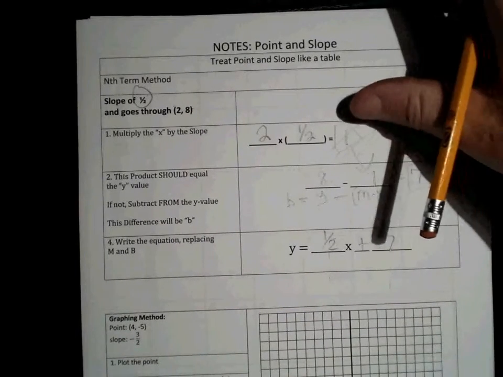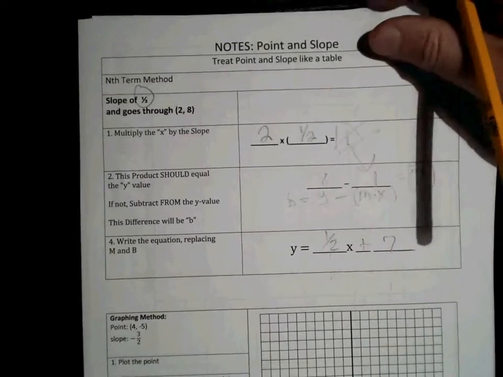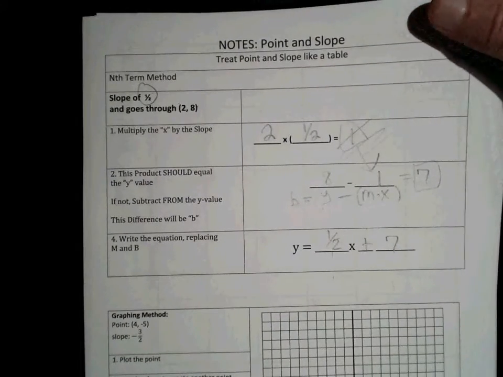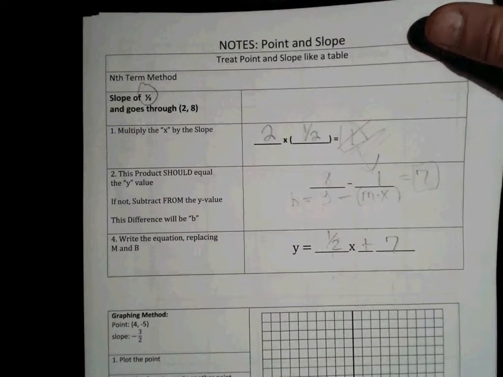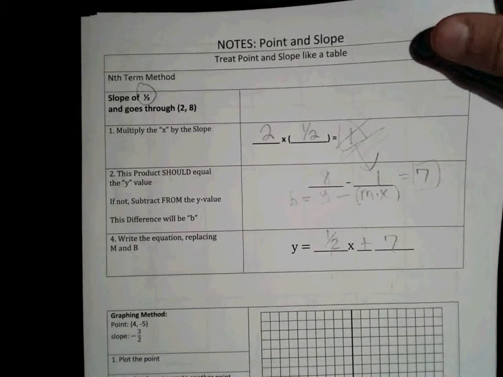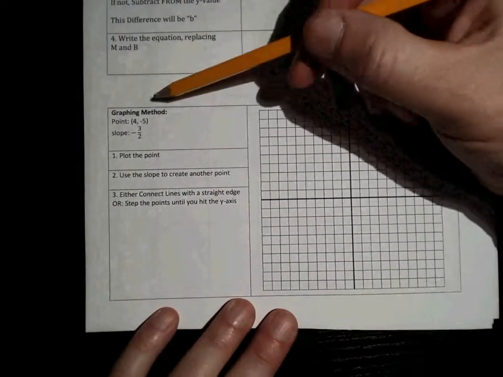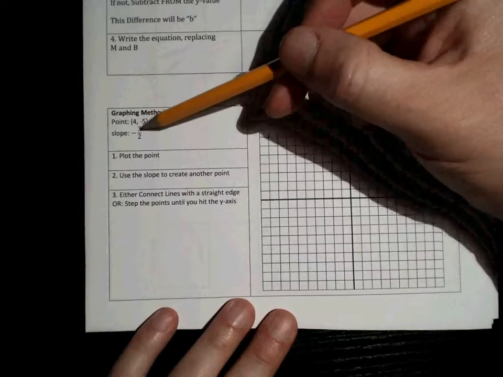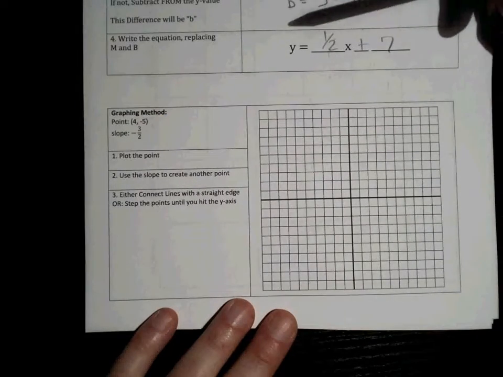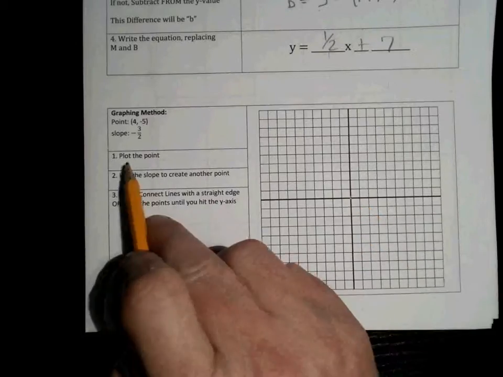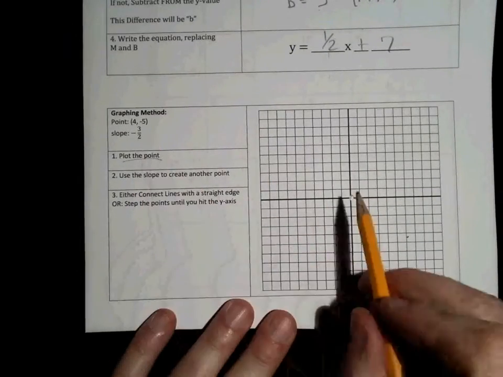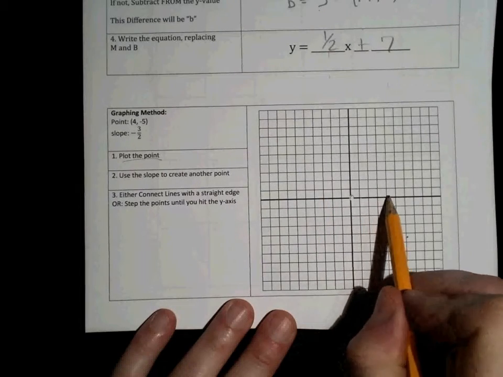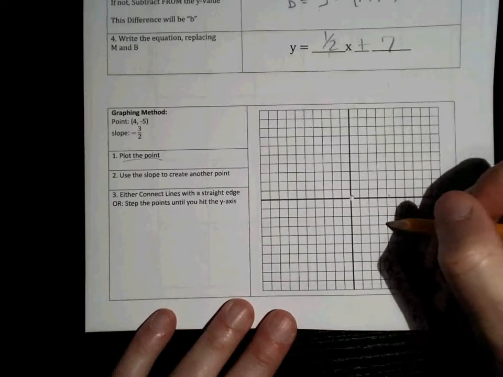The next method is for graphing. It's a little more difficult sometimes, but for those of you that just do better visually, this would be a good method for you. So I'm going to take the point and the slope, and this time I'm going to graph it. So I'm going to plot the point. If this is 0, 0, then I find 4, negative 5 by going over 4, 1, 2, 3, 4, and down 5, 1, 2, 3, 4, 5.